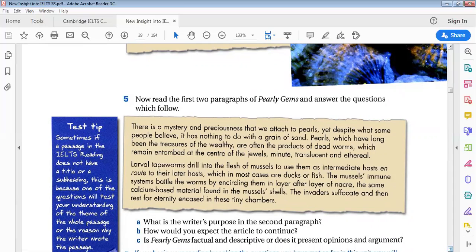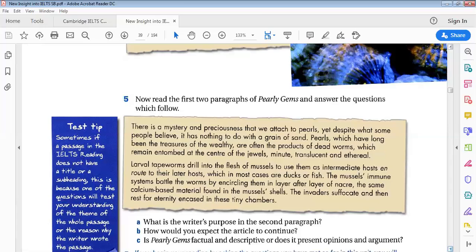So it means these jewels are made because of some dead worm larvae. That is the purpose. If we knew that these dead worm larvae basically make this pearl, then we wouldn't wear it. So I think that's the reason.